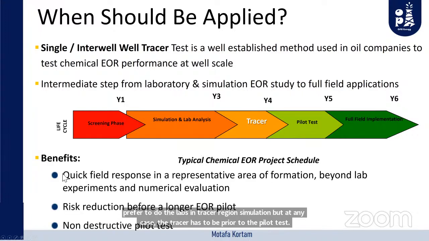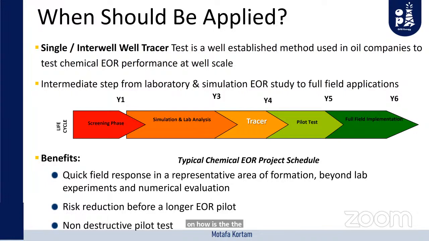The main benefit is that we get a quick response on the reaction and the impact that result from employing either the water flooding or the EOR. We also de-risk the full field implementation.